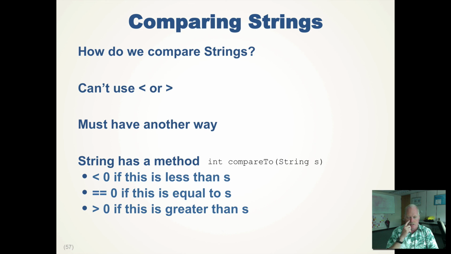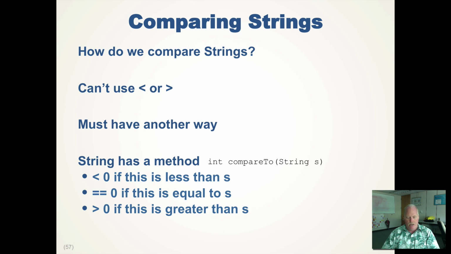So we can use the compare_to method to determine whether or not a string is greater than or less than or equal to another string. We can say first string dot compare_to second string and then check the return value.